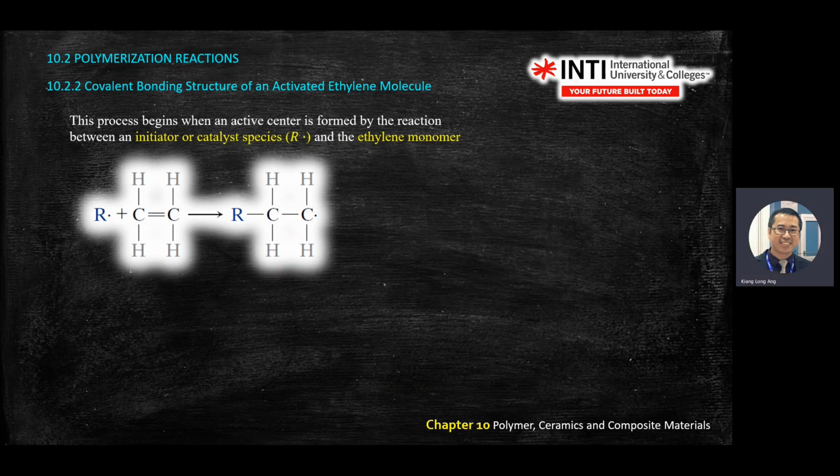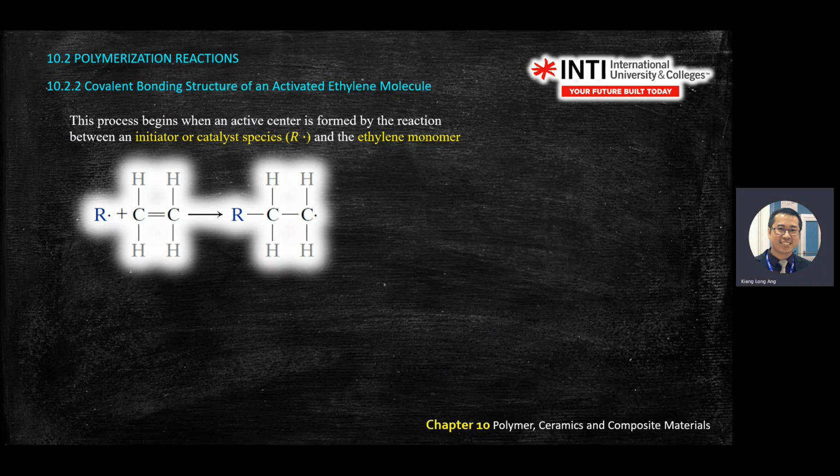Then when you do hydrocarbon, you need to consider the reaction of catalyst and ethylene monomer. So how do you make ethylene? R is a catalyst or initiator. Catalyst, you have 1 dot there.